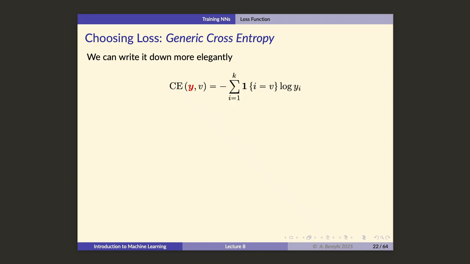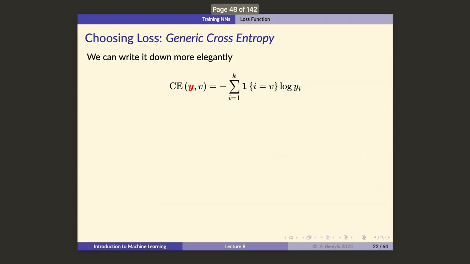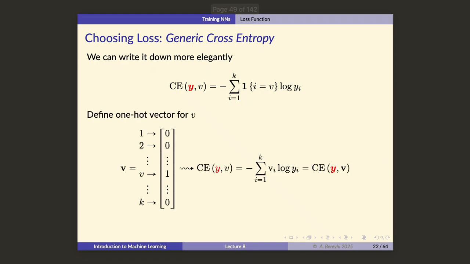I mean, if you compute that summation, you get back to this expression, right? Because log of yi is going to show up only for I equal by V, right? For anything else, that indicator function is going to be 0, right? So now we can write it down in this form as well.